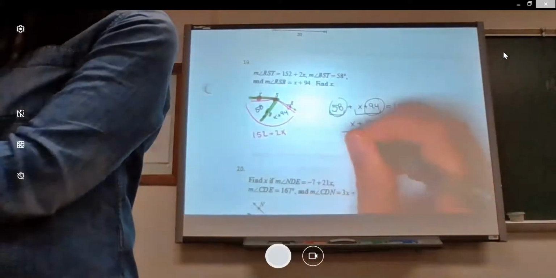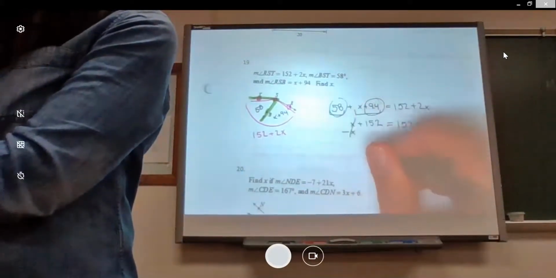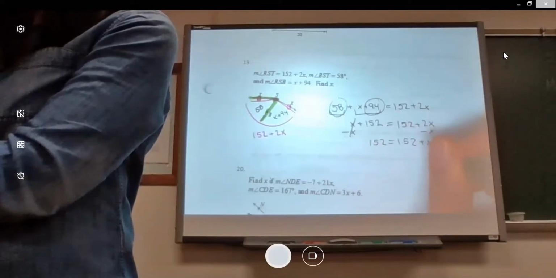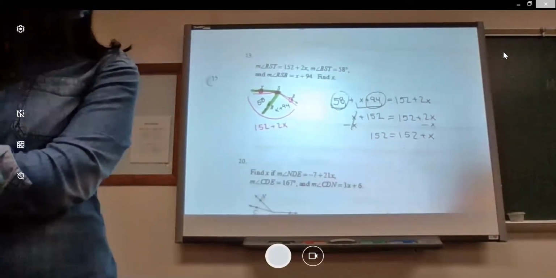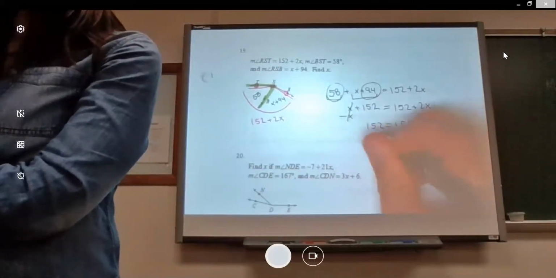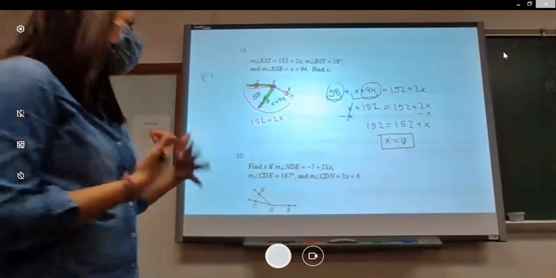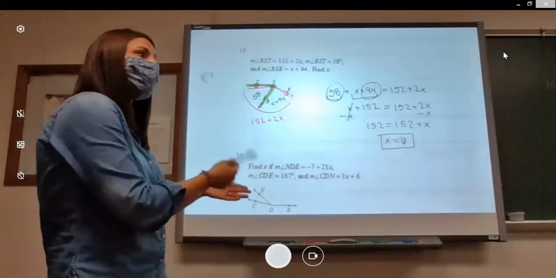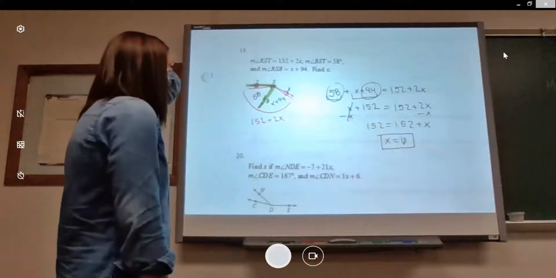And then it gets kind of weird. So if I subtract x, 152 equals 152 plus x. But when I subtract the 152, I just get x equals 0 here. Which is kind of weird, but if I were to plug it in, it would all work. One part plus another part would add up to that whole angle.